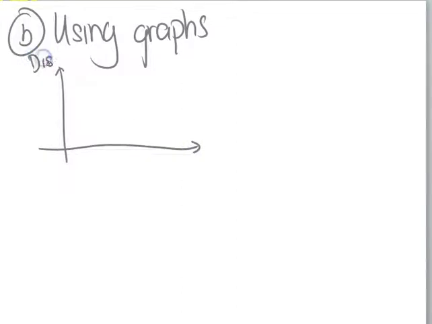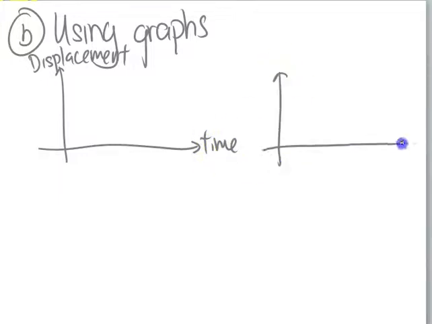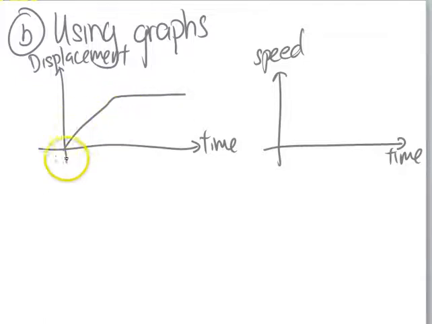We have a displacement time graph. The other one is your speed time graph. Let's say I'm using a displacement time graph, with time on the x-axis, and it looks like this.